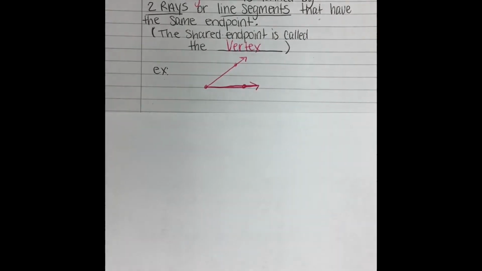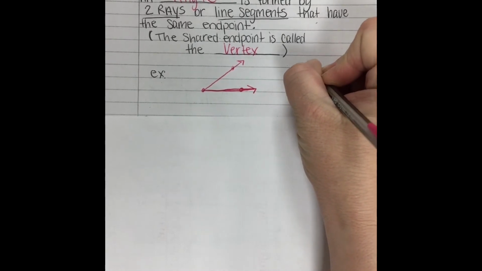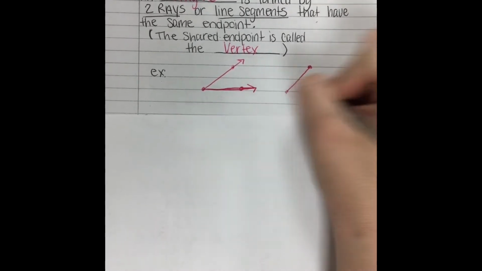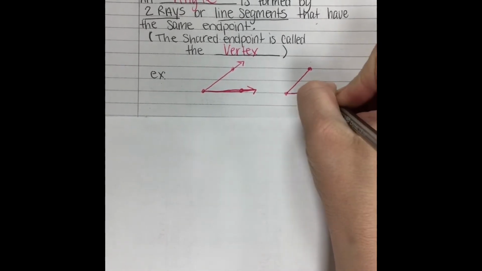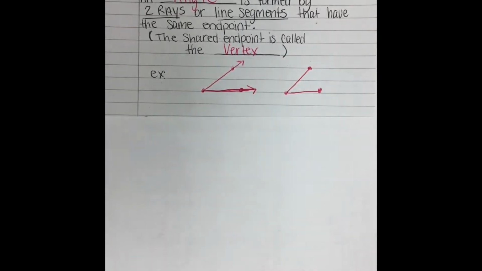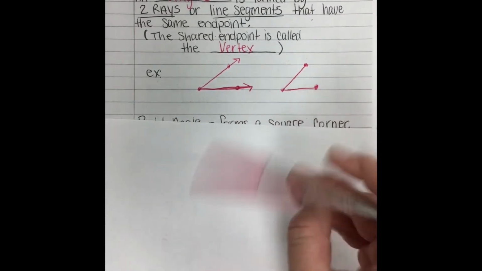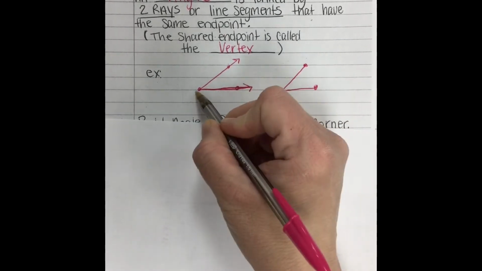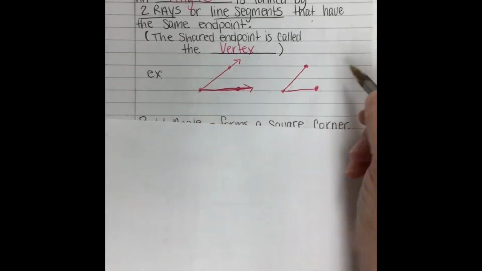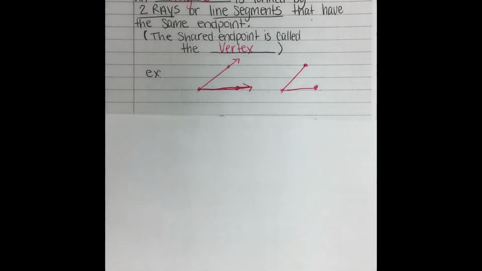Okay, that's an angle. Okay, you could also use endpoints. So there's a line segment, and there's another line segment. So an angle is formed by either 2 rays or 2 line segments. So endpoint goes on forever, endpoint goes on forever. Those are rays. Endpoint to endpoint, endpoint to endpoint. Those are line segments.